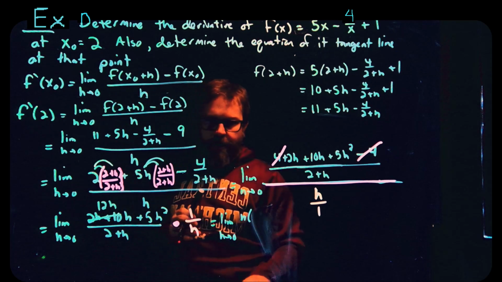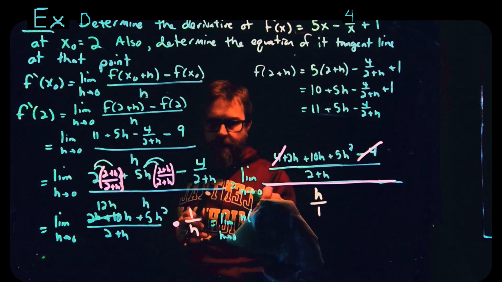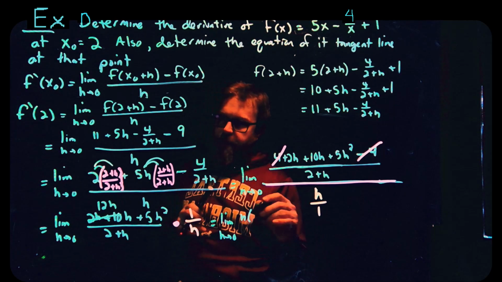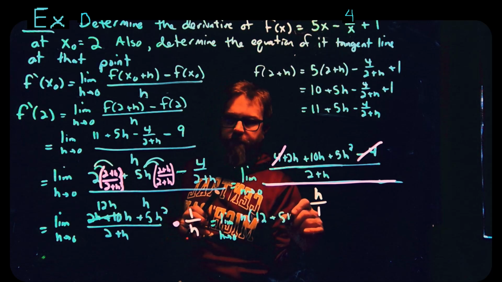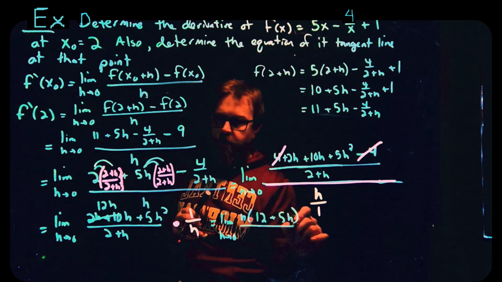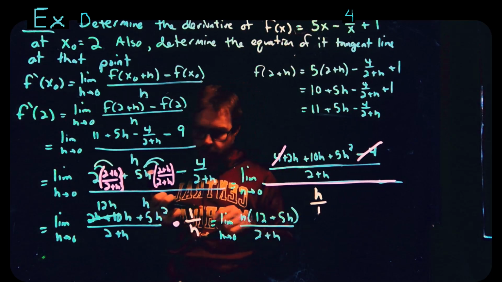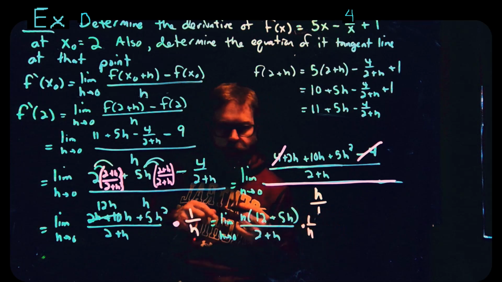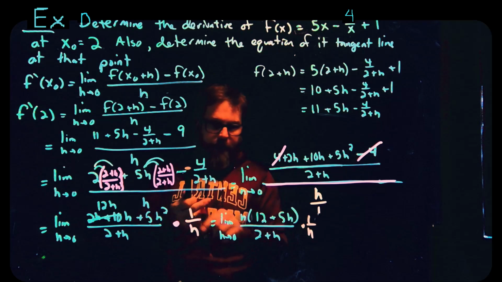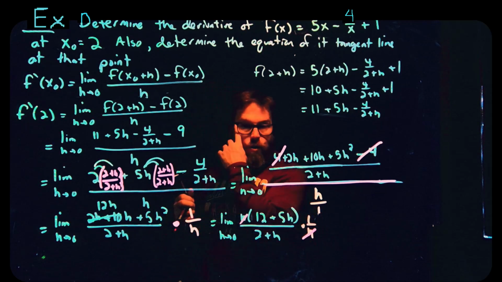So I could pull out an h, and this is now going to be 12, and pulling an h from here, I'm going to still have a 5h, and this is all going to be over 2 plus h. But remember I've multiplied by the reciprocal of this thing over here, so we still have this times 1 over h, and we can see that these h's right here will cancel, just leaving me with this rational expression.